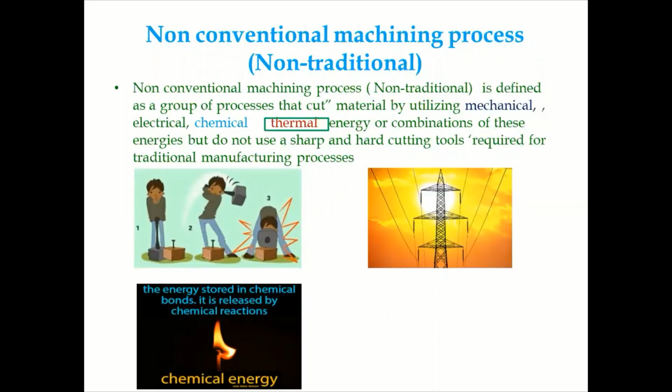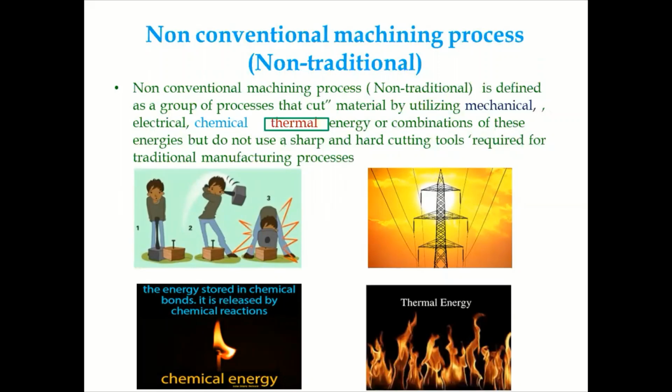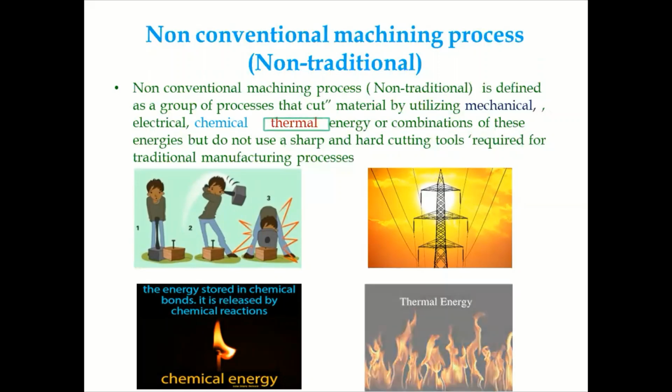In thermal energy, which is also called as heat energy, the energy that comes from the temperature of the heated substance is used to remove the material from the workpiece.